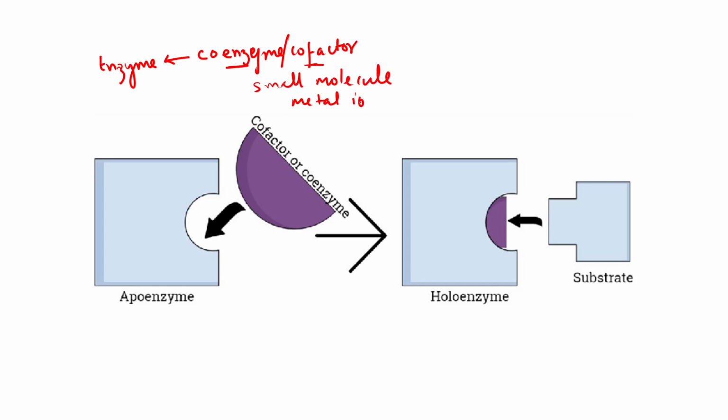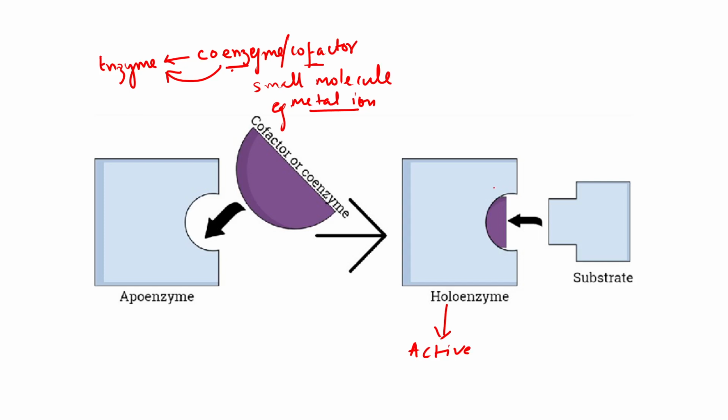Metal ion is one example. So this small molecule, once it binds to that enzyme, now this enzyme is completely functional. This holoenzyme that I am saying is the active form of enzyme. So holoenzyme is nothing but the complete enzyme, so that now the substrate can bind to the enzyme.